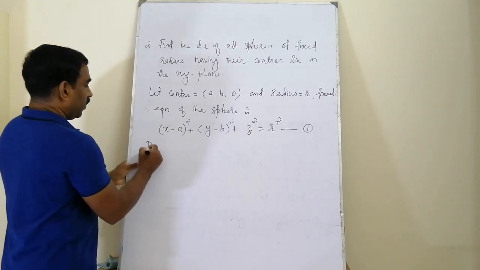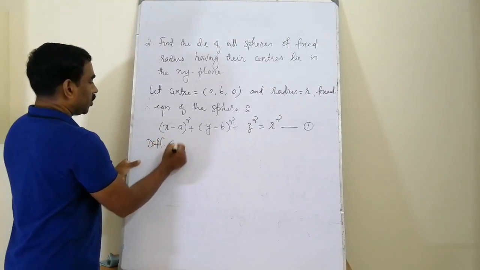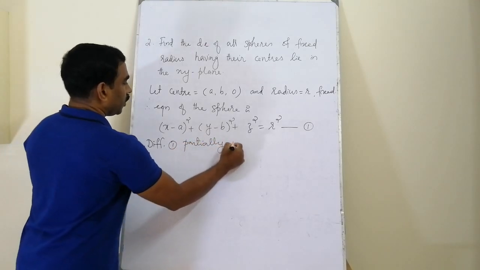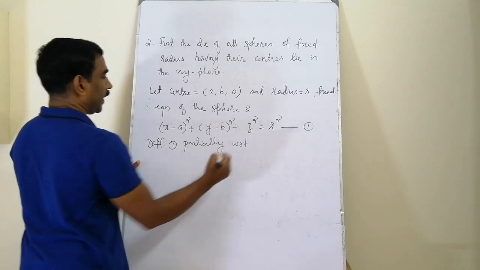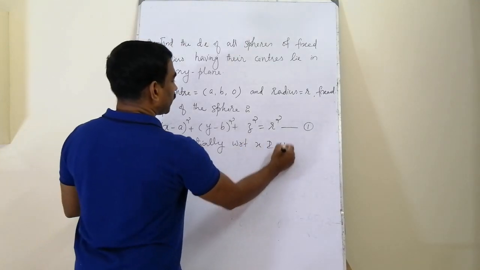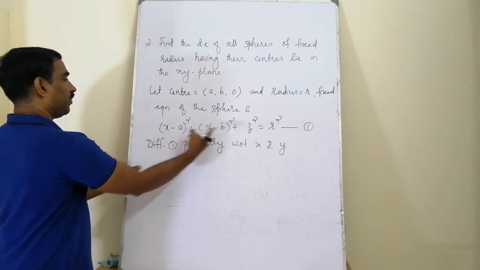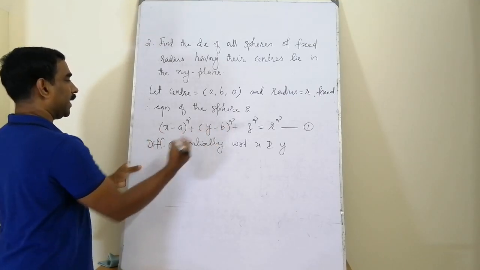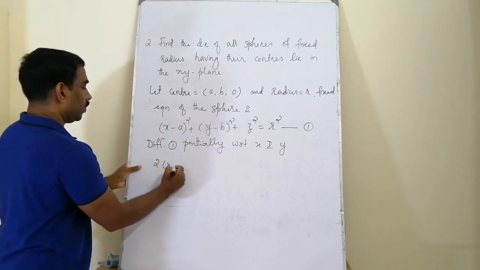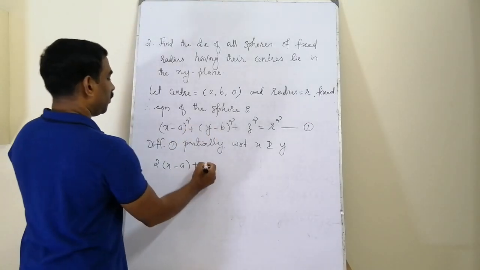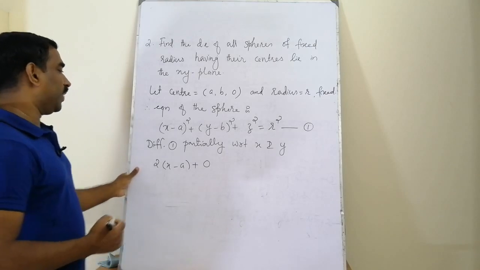As before, we differentiate equation number 1 partially with respect to x and y. First, the partial derivative with respect to x, differentiating term by term: 2(x − a), plus the (y − b)² term whose derivative is 0 because it is independent of x.